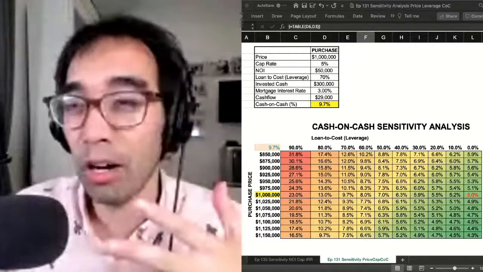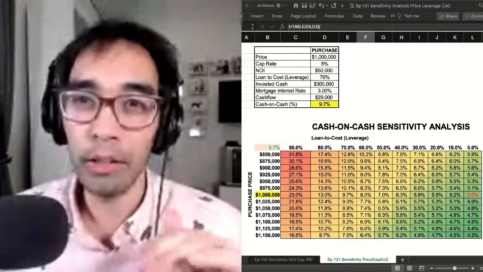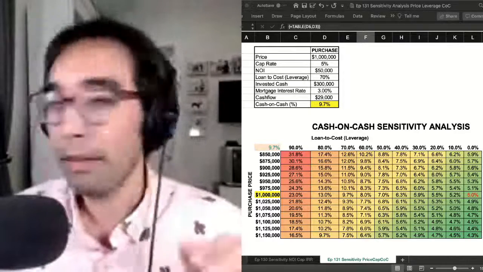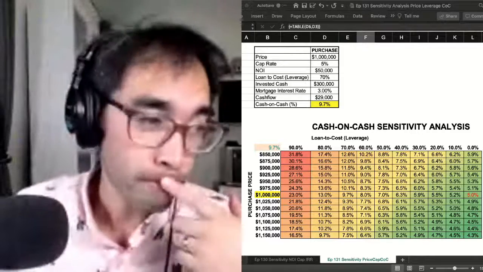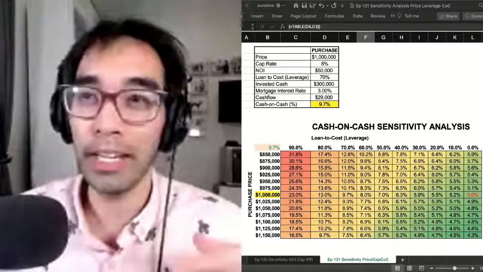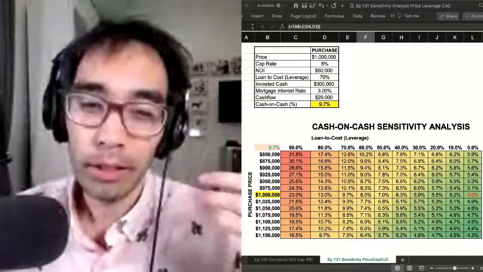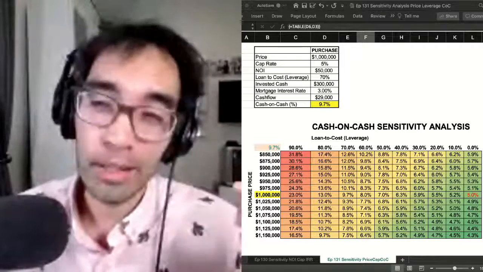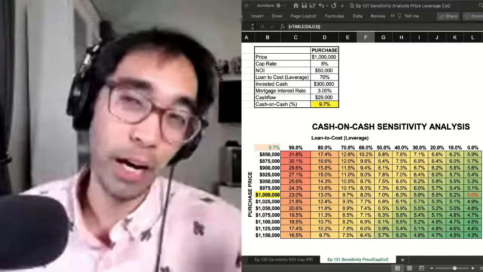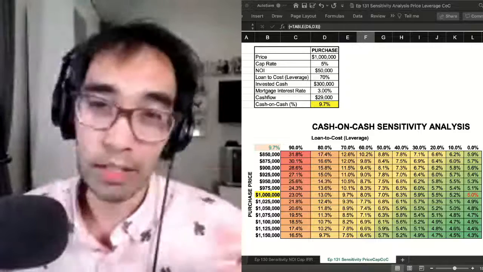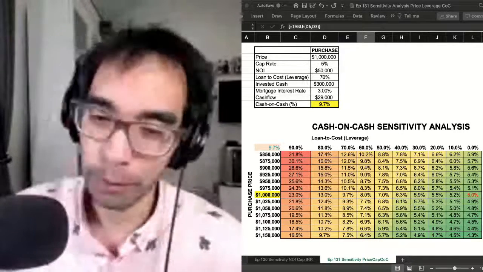The loan to cost is the amount of your mortgage divided by the total cost of the project. That would be the total cost, including purchasing the project and any other money it'll take to get it done. For example, if you're building a project from scratch, the cost would be the entire cost to build the property and get everything going.